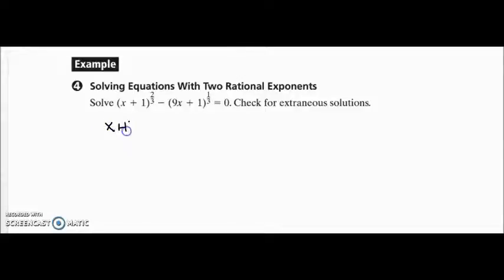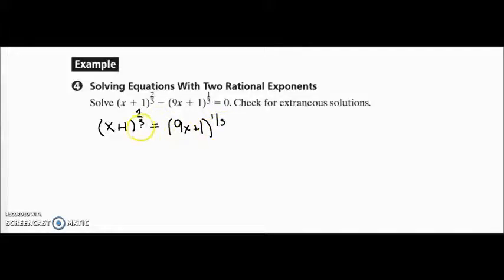So we're going to get x plus 1 to the 2 over 3 equals, we add this to both sides, we get a positive 9x plus 1 to the 1/3. So we can get rid of that cube root.